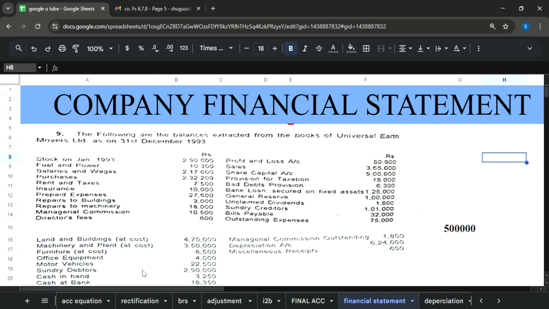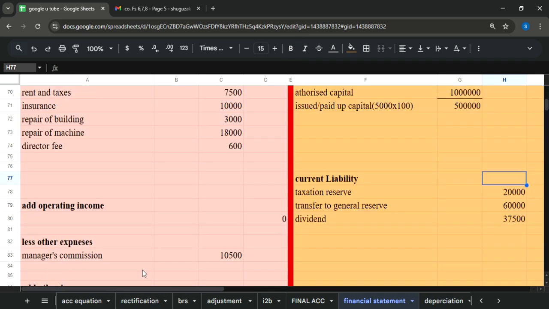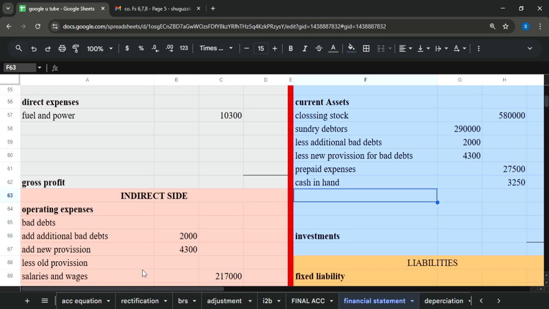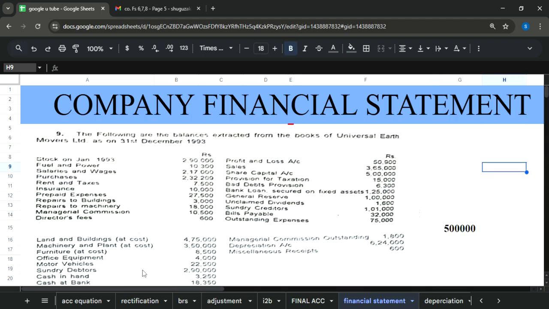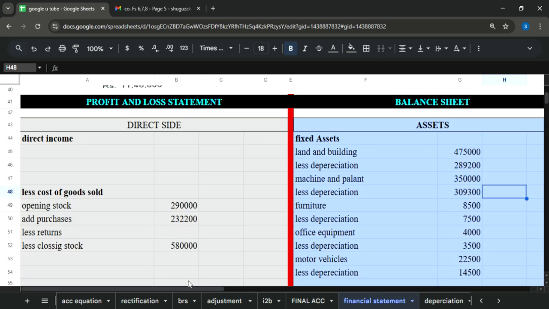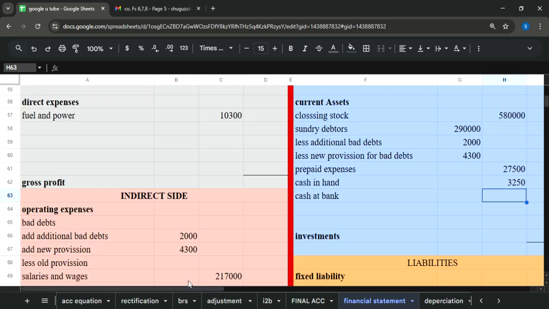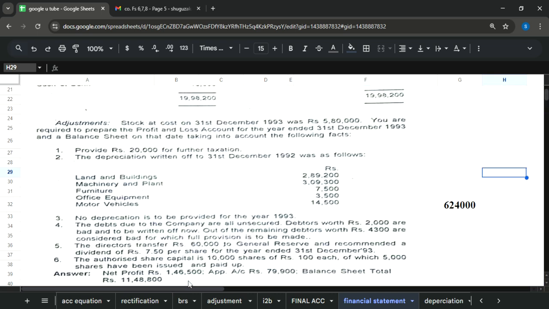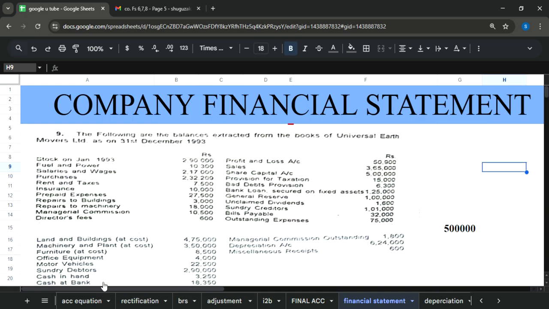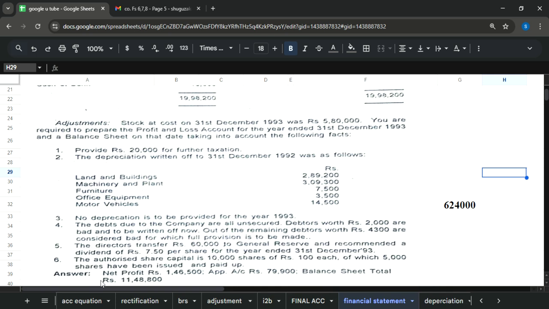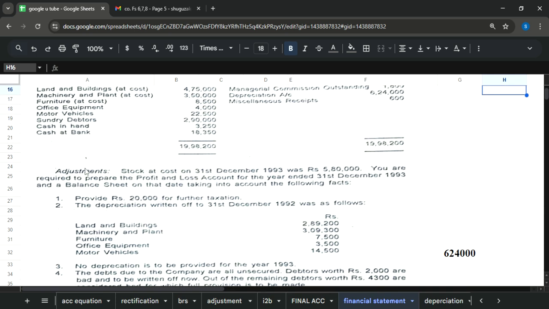After that, cash at bank as usual. So here cash at bank, amount of cash at bank is 18350. Mention amount in current asset side. So guys, cash at bank is completed, and I think it was the last amount.